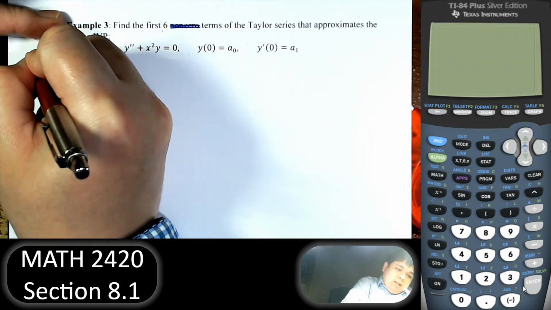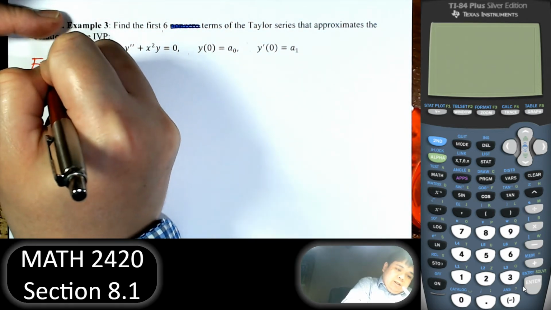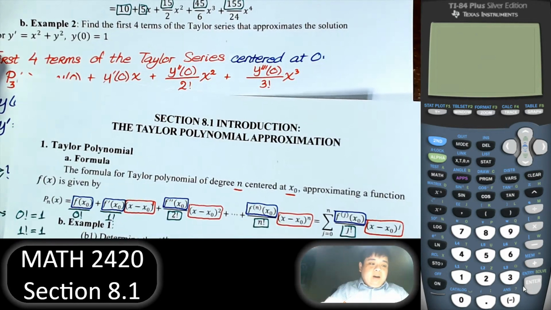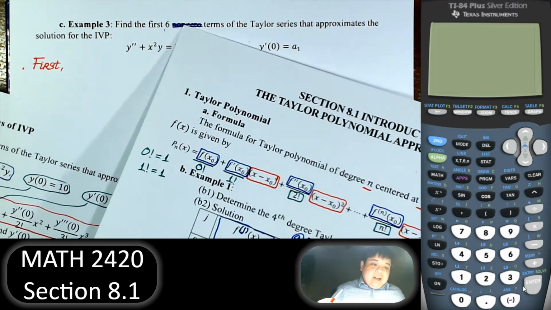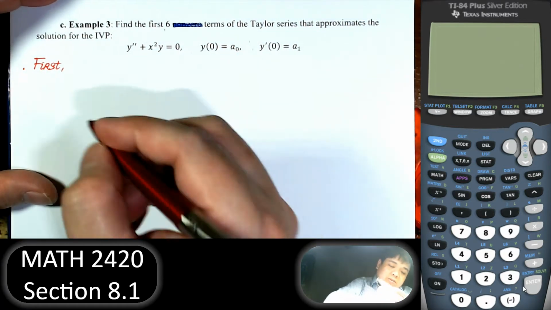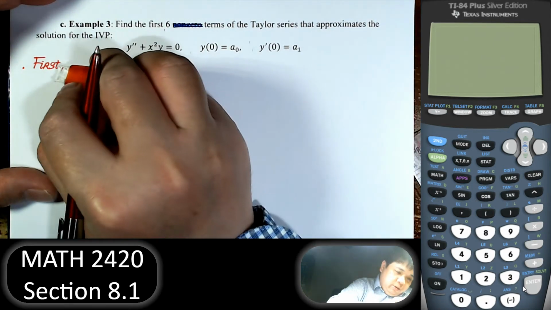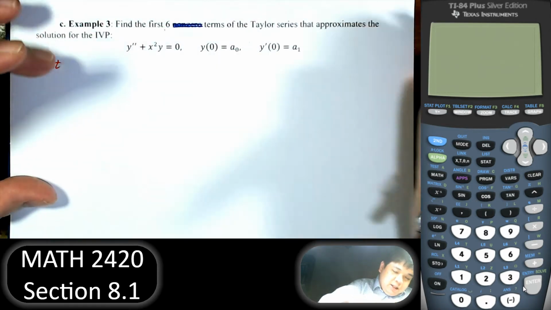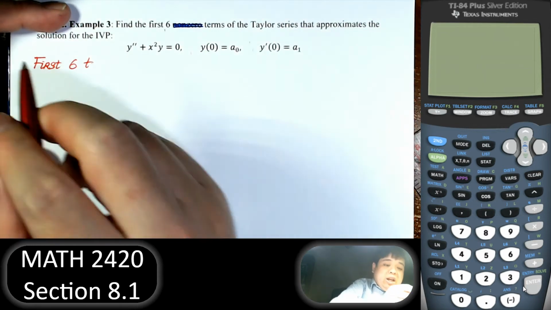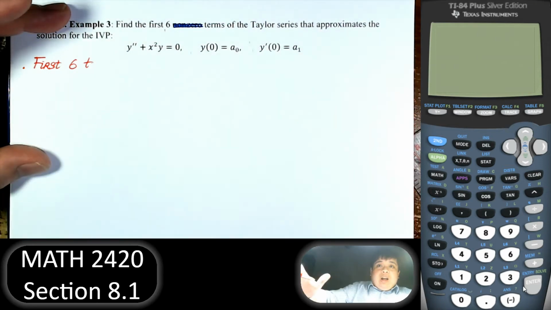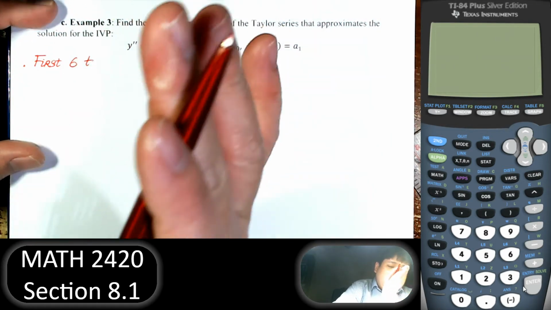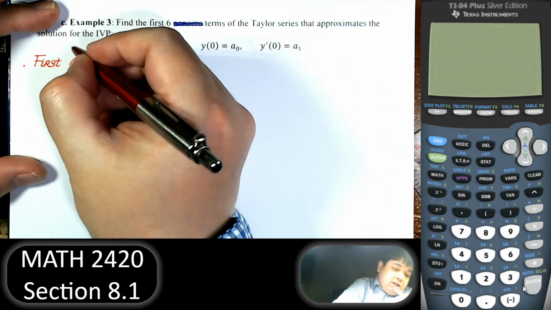So of course, first, we're going to write the first 6 terms of the Taylor series. Once again, this is centered at 0. If we don't know how many terms we need, like the 6 non-zero terms, we have to write a very long series and then determine later. But let's make this one say 6 terms.